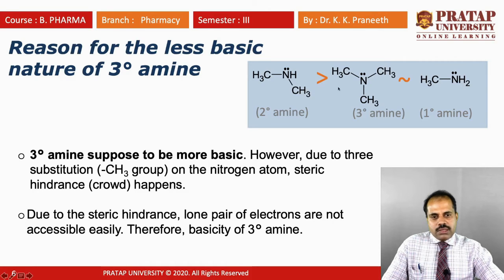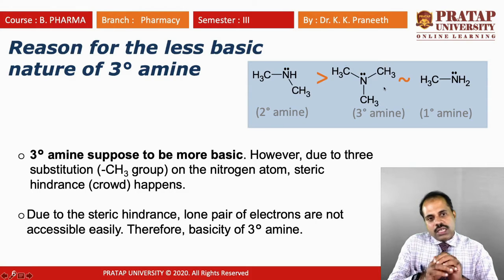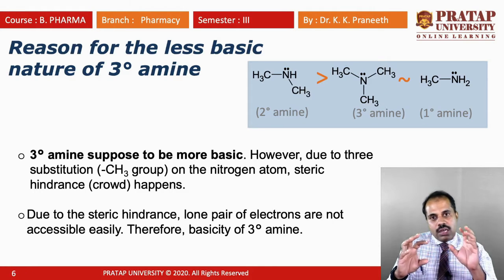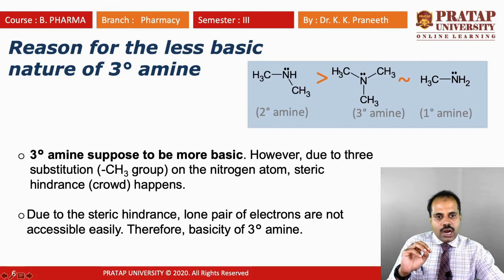The tertiary amine is not so basic because, of course, it contains 3 CH3 groups, but it can create crowdedness. This electron pair is located on the nitrogen, but these 3 CH3 groups are also present on the nitrogen. That makes it crowded. These two electrons are present in the orbital, right? And because of this crowdedness, this electron pair is not easily available.